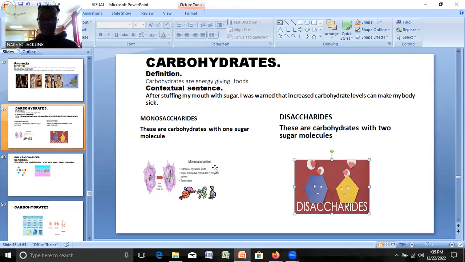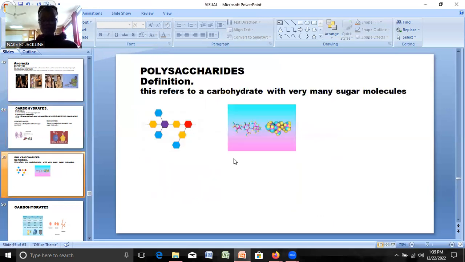And again, we have the polysaccharides. When we talk about polysaccharides, we have very many sugar molecules. So in monosaccharides, you have one, in disaccharides, you have two, and in polysaccharides, very many, more than two.